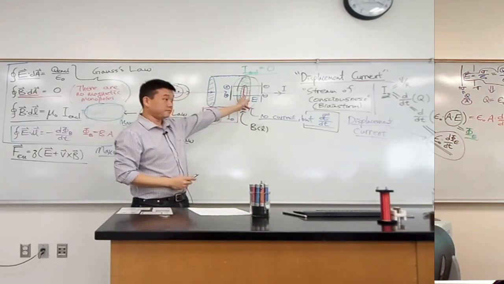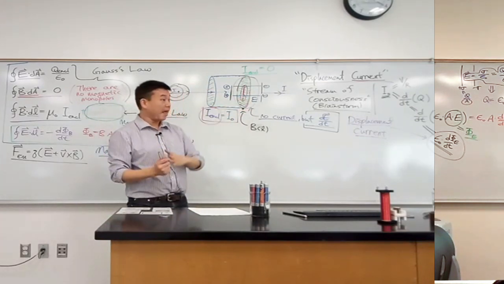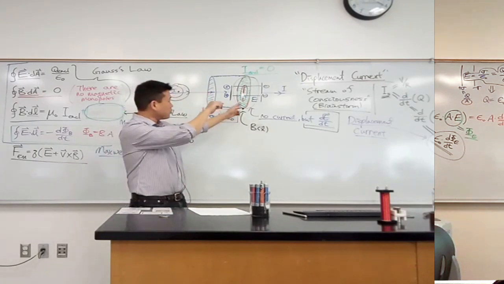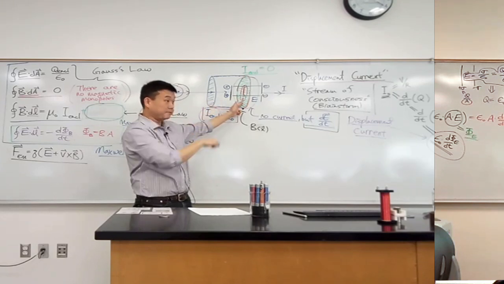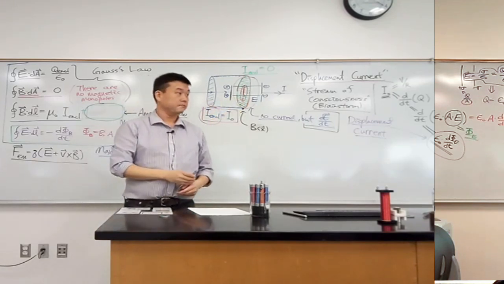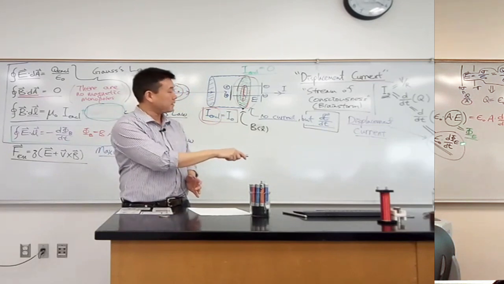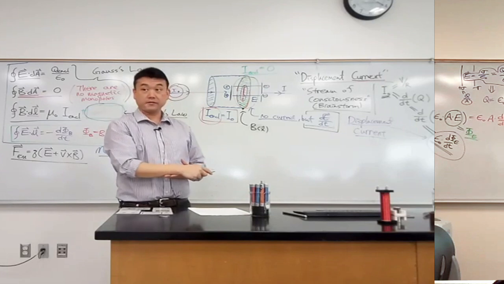No. I mean, there has to be movement of some charge elsewhere for the electric field to be changing, right? But when you're looking locally here, there's no charge that's moving across here.